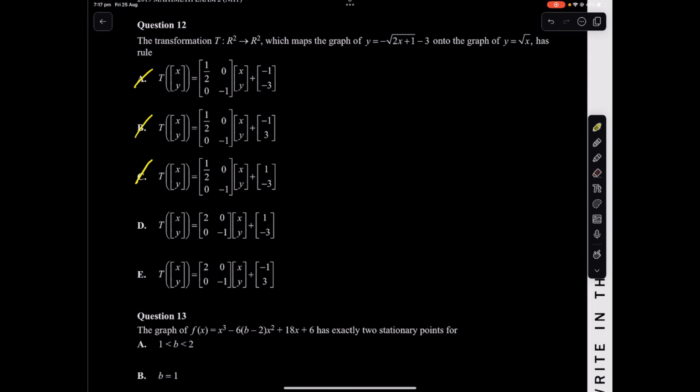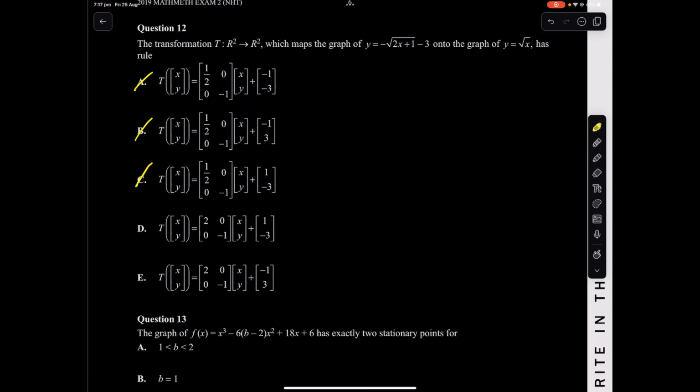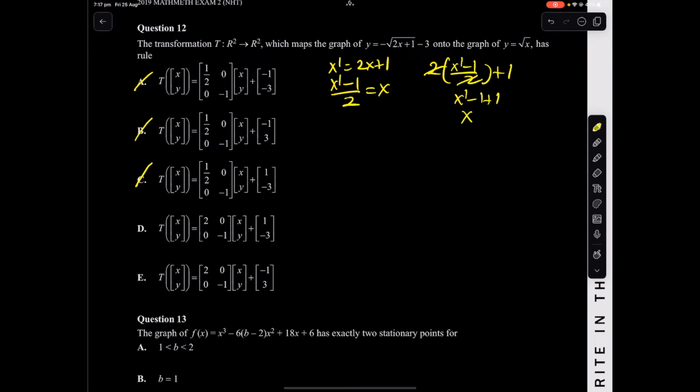Let's try D. So let's expand it. x dash is equal to 2x plus 1. And if we transform this, x dash minus 1 all over 2 equals x. Yes. And we sub that into the function. So 2 times x dash minus 1 over 2, plus 1. These cancel out. It'll be plus 1, so x dash. Okay, perfect. That works. What about the y's? So negative y minus 3 equals y dash.